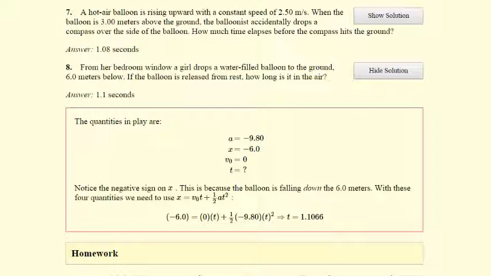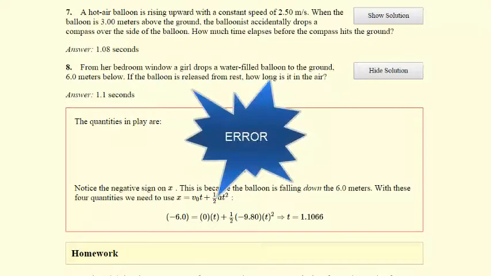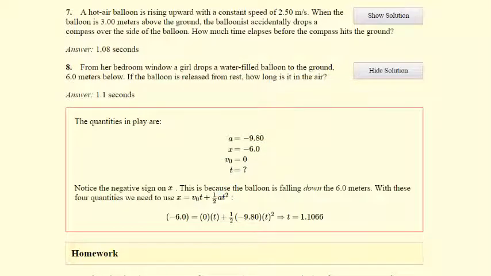I get 6 equals negative 4.9 t squared, and 6 divided by 4.9, I get negative 1.2248 equals t squared. Take the square root, right? But it's a square root of a negative number. What the heck happened? I thought I knew how to do it.